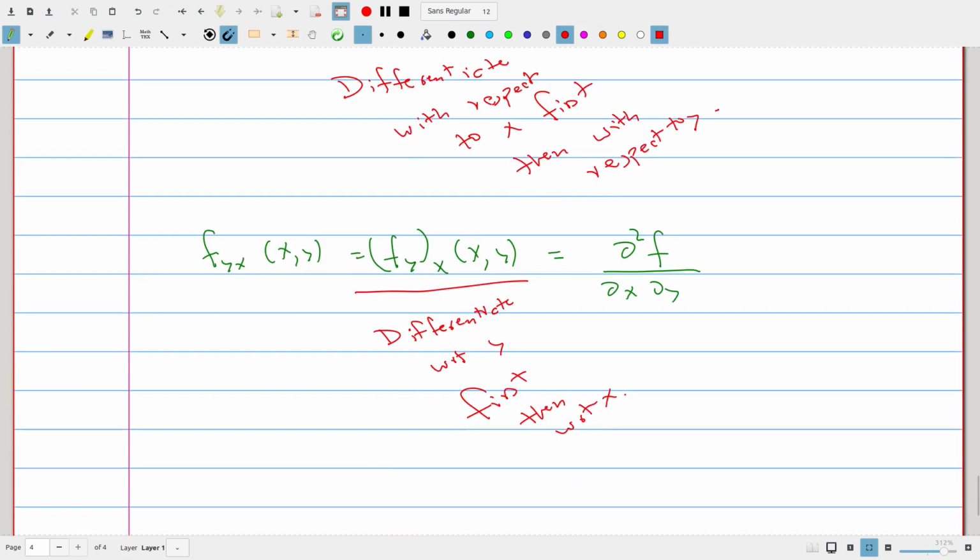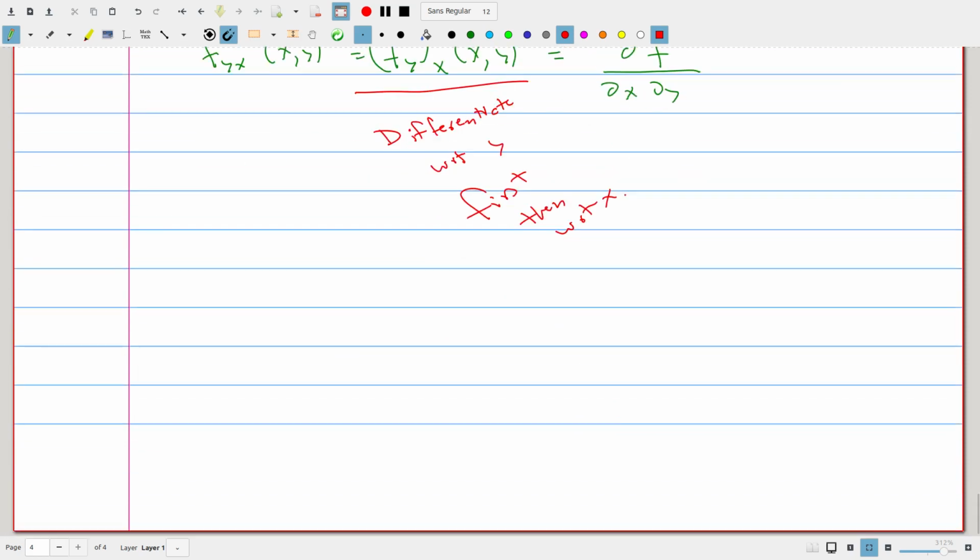Now, for example, if you have f of xy equal to x cubed plus x squared y cubed minus 2y squared, well then fx equals 3x squared plus 2xy cubed, right?